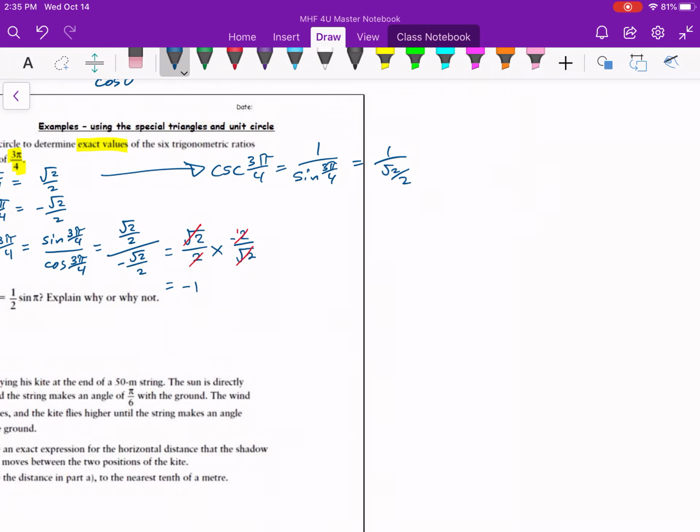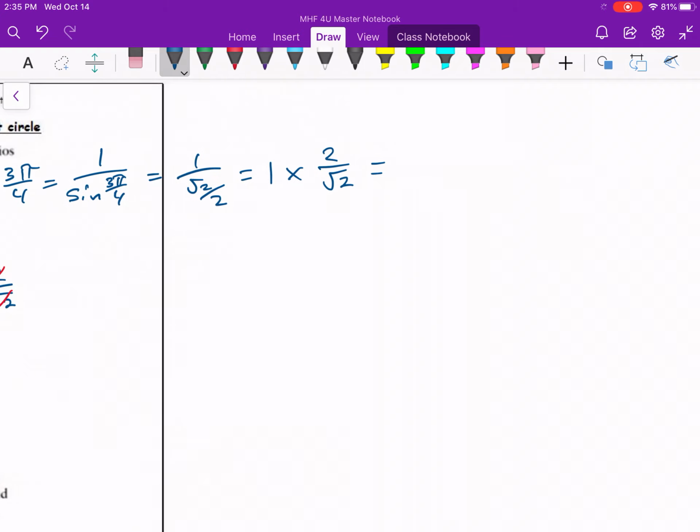Again, weird fractions in fractions, kind of ugly. It's the same as 1 times 2 over root 2, which is going to equal just 2 over root 2.